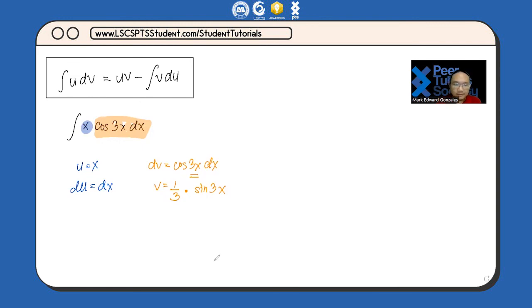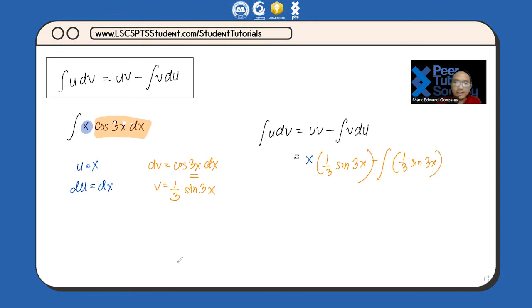So integration by parts. Color coding: u is x, v is 1/3 sine of 3x, and du, the derivative, is equal to dx. We proceed. This is x sine 3x over 3.